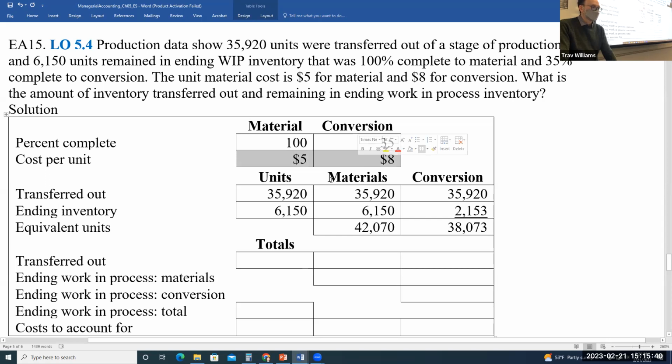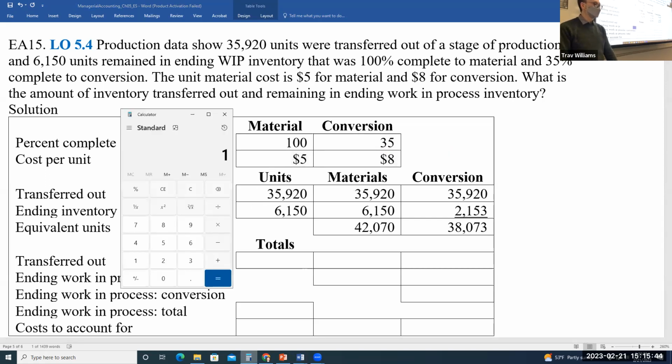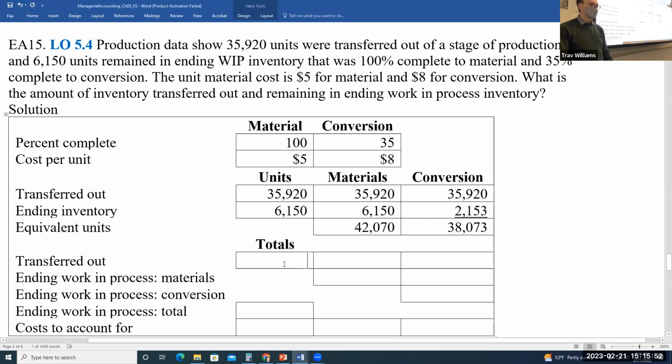Then you multiply it by the amount transferred out. Okay, let's do that. So $13 is the total cost per unit times the number of units that got transferred out, $466,960.